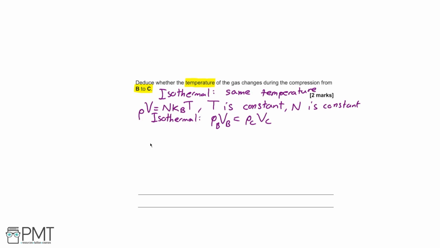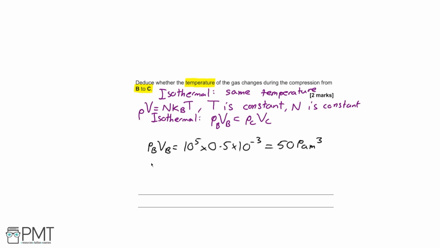Doing this then, PB times VB is equal to 10 to the 5 pascals multiplied by 0.5 times 10 to the minus 3 meters cubed, which gets 50 Pascal meters cubed. And note here that the unit isn't joules, because we're not talking about energies here.